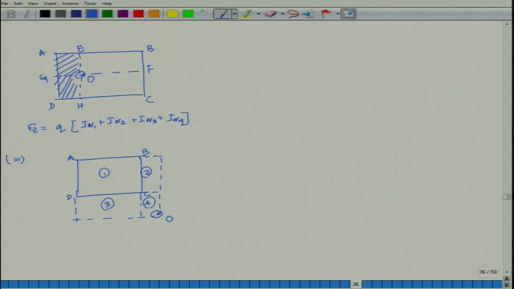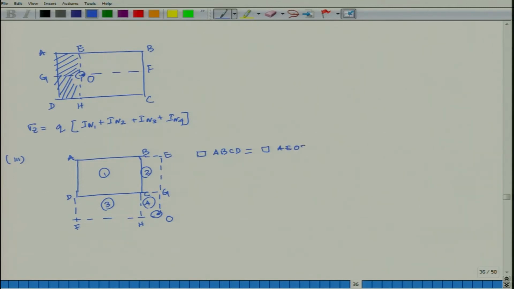Because of the area, first make the area A, B, C, D, then it will be area E, O, F, then here it is G, H. So, this will be area A, E, O, F.